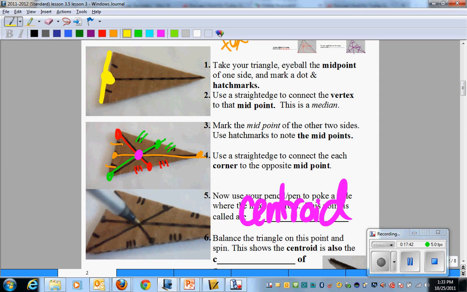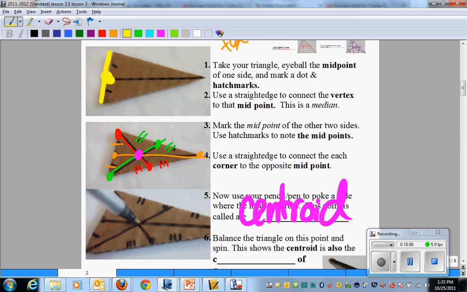Okay, so you're going to do it 3 times. Corner to midpoint. Okay, that's correct.